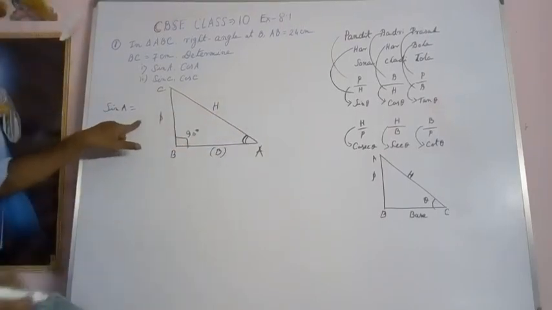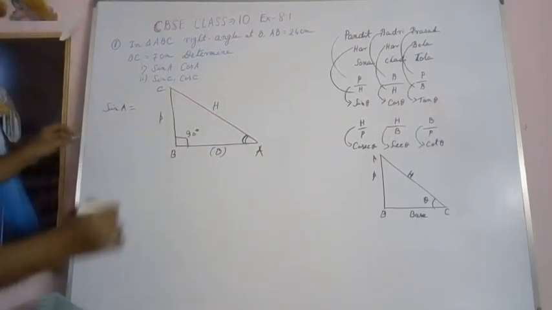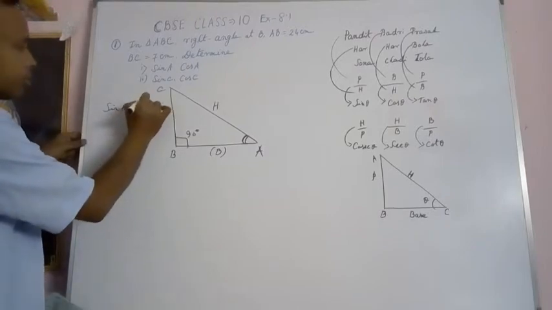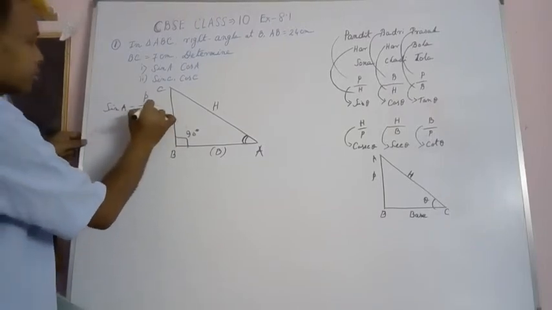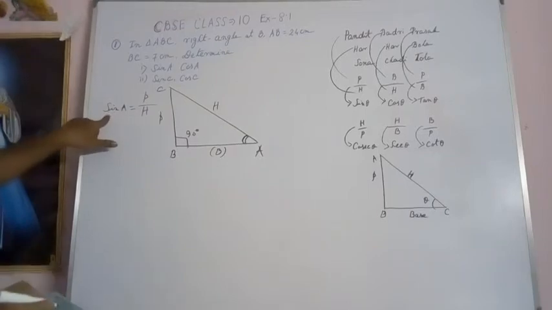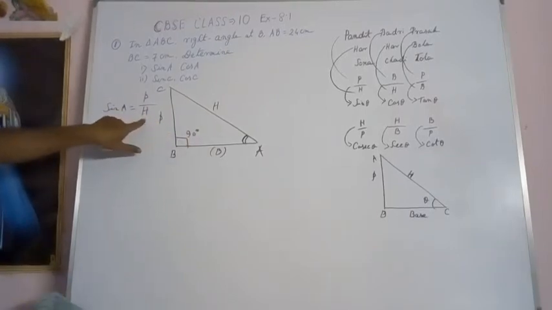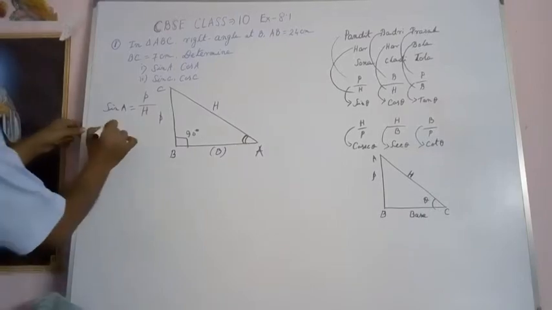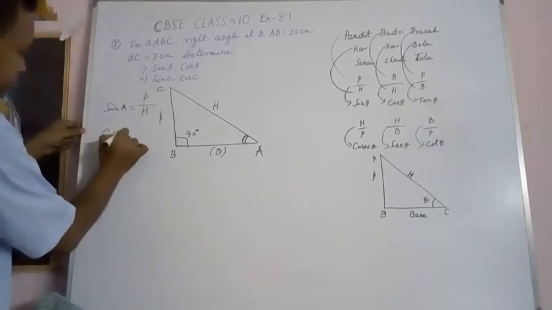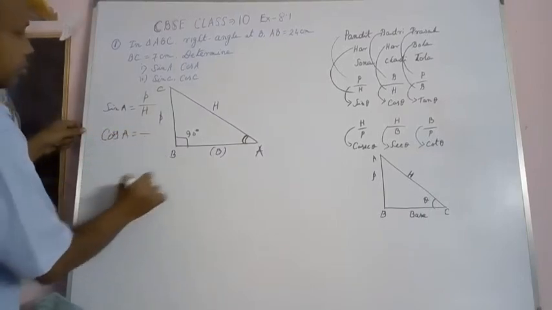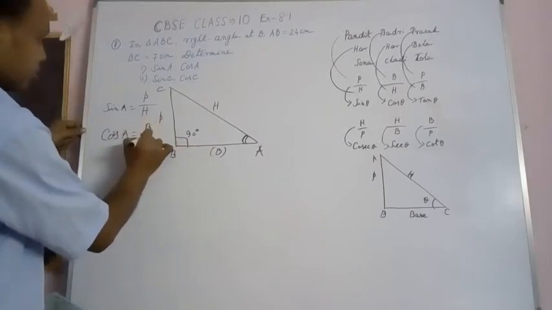So sin theta is equal to what? Sin theta is equal to perpendicular by hypotenuse. Here sin theta means sin A. Sin A is equal to perpendicular by hypotenuse, and cos A is equal to what? Base by hypotenuse.